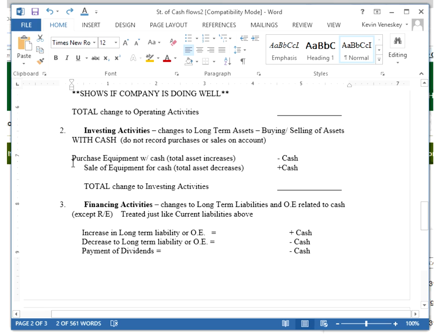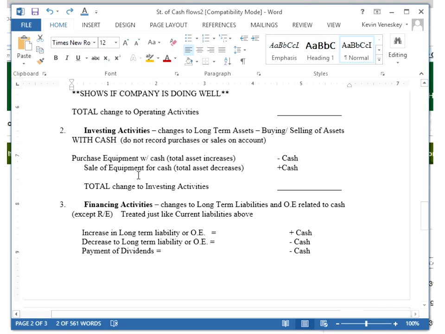If we look at our balance sheet and our equipment went from $40,000 to $60,000, it looks like I spent $20,000 in cash to buy that equipment, but not necessarily. This is where we're going to have to look at the notes, and I'll explain that in the second video.